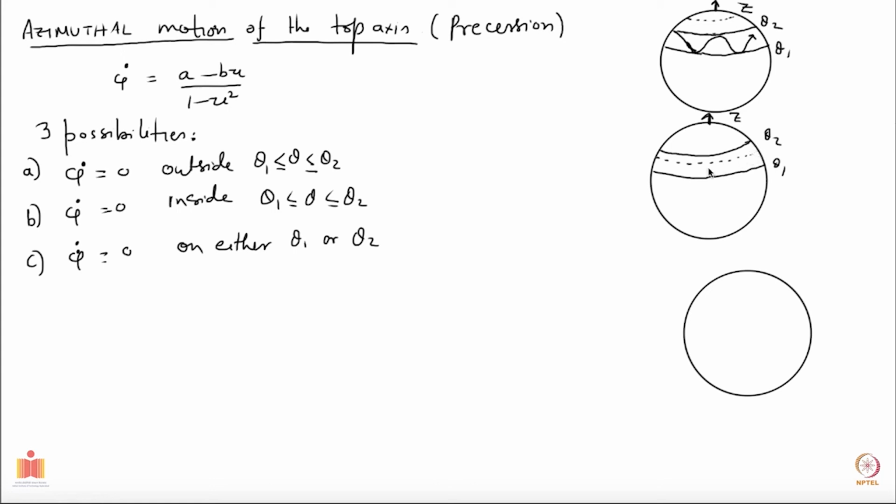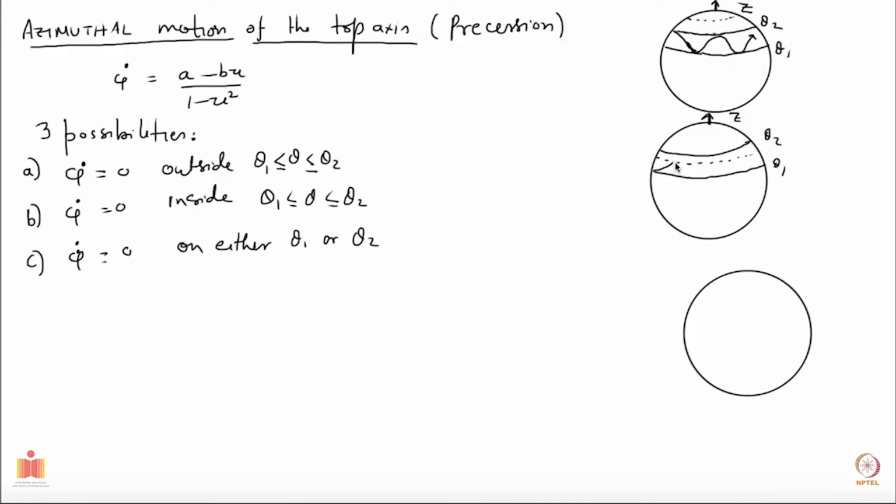Let's say I start like this. The axis is going, and the azimuthal angle phi is increasing, but when it reaches this point, the rate becomes 0.